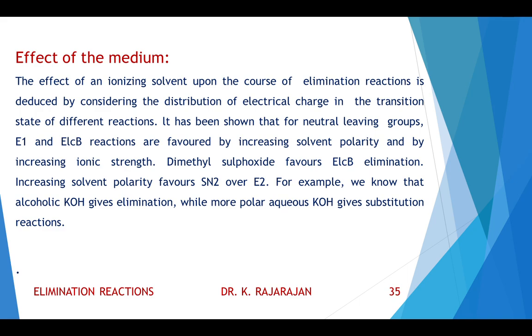Dimethyl sulfoxide favors E1CB elimination. Increasing solvent polarity favors SN2 over E2. For example, we know that alcoholic potassium hydroxide gives elimination, while more polar aqueous potassium hydroxide gives substitution reactions.